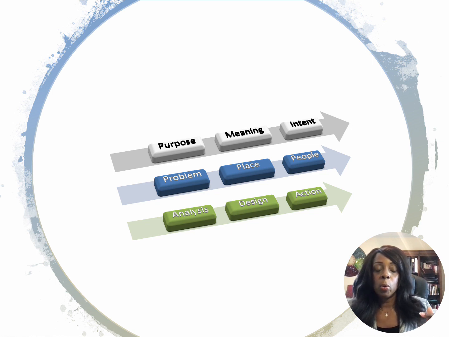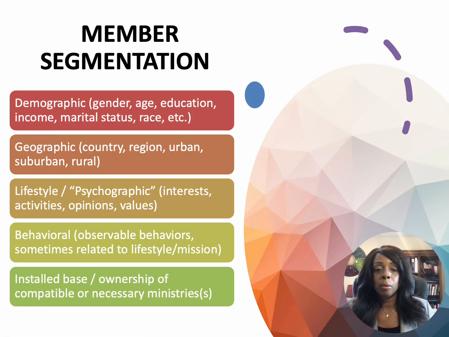And then, we need to analyze, we need to design, and then we need to take action. Once we've gathered our information, what is the analysis and what is the action that we will take? So, we need to look at member segmentation. We mentioned that very briefly earlier, but we need to look at the demographics: the age, gender, education, income, marital status, race, etc. The geographics, the region that God has called us into, lifestyle.